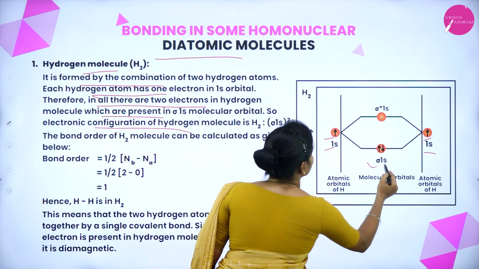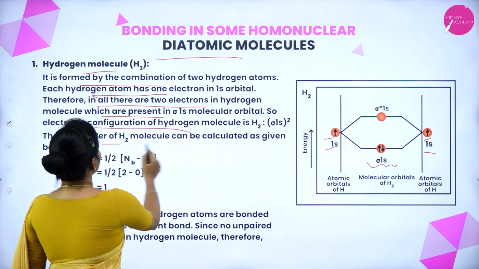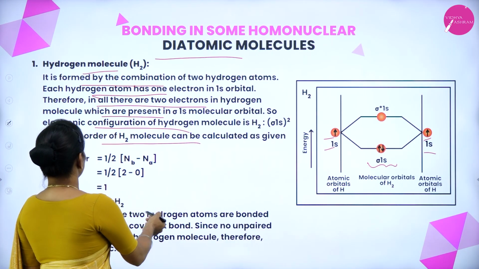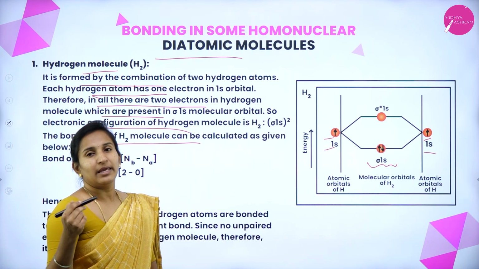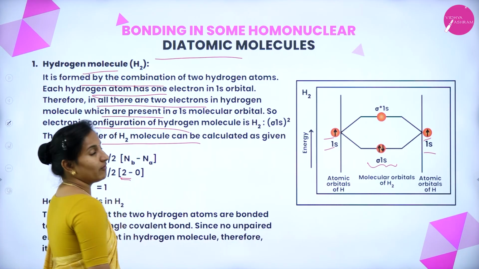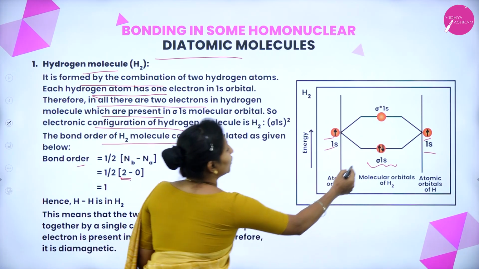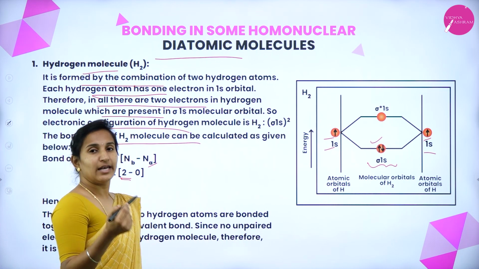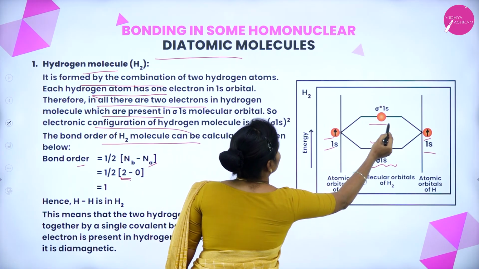The bond order of the H2 molecule is half into Nb minus Na. Nb, the number of electrons in the bonding orbital, is 2, and Na, the number of electrons in the anti-bonding orbital, is 0.